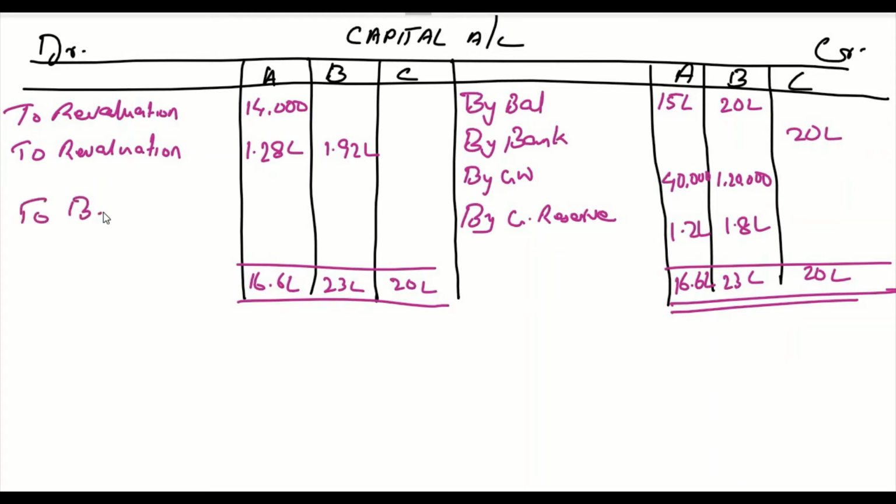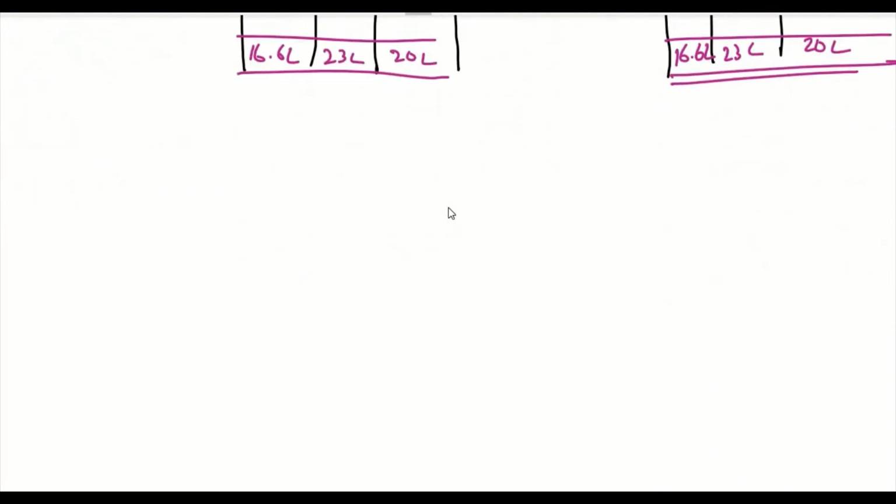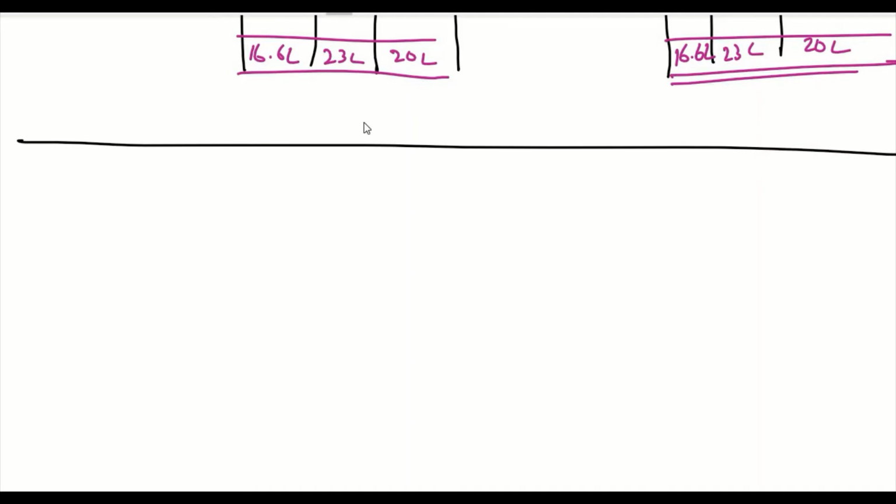So the balance in capital account, it's 15 lakhs 18,000, 21 lakhs 8,000 and 20 lakhs. Now we need to prepare the revised balance sheet of the new firm.